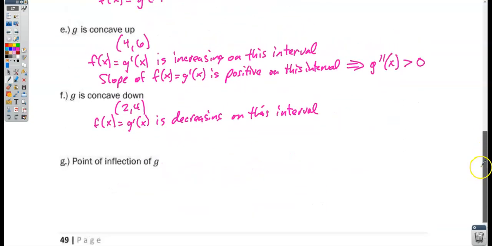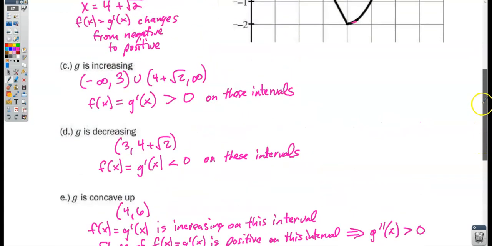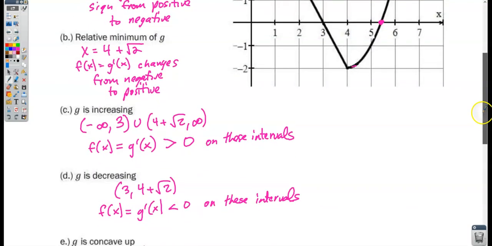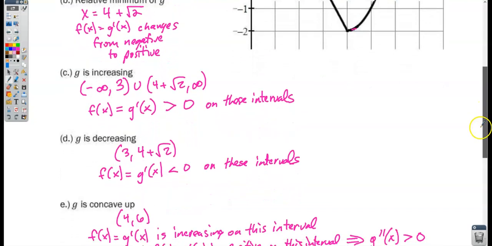All right, and a point of inflection. In order for there to be a point of inflection, I need the concavity to change, the slope to change here on the graph from positive to negative. So the only place where there's a point of inflection is at x equals 4.